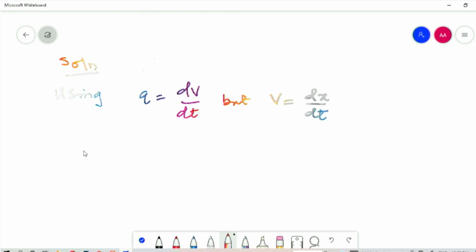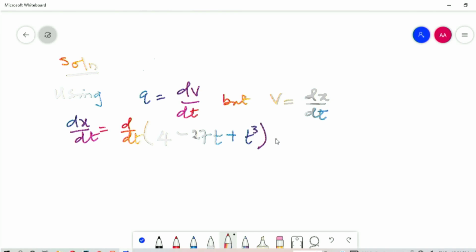So we can first differentiate our position such that dx upon dt is equal to d upon dt of 4 minus 27t plus t cubed.